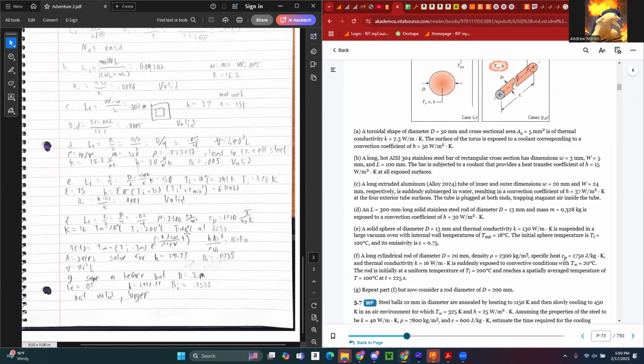From here, I honestly just put it into my calculator, which has a solve function to give me h.